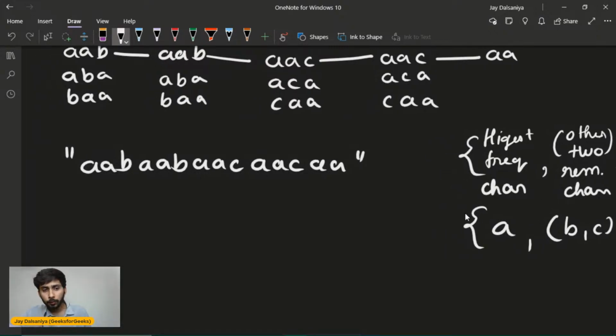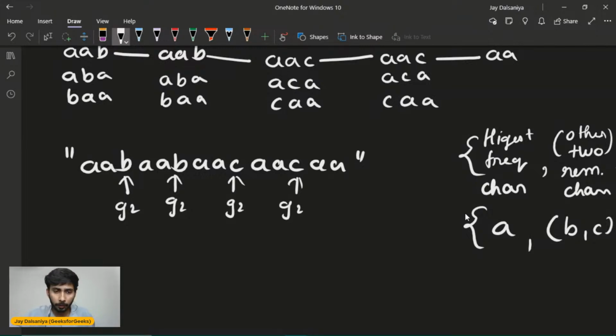So you can observe that these characters are of group number 2, and they are trying to separate the characters of group number 1. How many characters of group number 2 are required in order to get the answer?